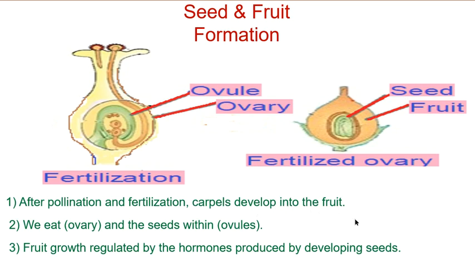The carpel, the female reproductive organ, the whole thing develops into the fruit. We eat the ovary and the seeds within the ovule. Fruit growth is regulated by the hormones produced by the developing seed. Means the seed releases some kind of growth regulatory hormones which regulate the growth of the fruit.